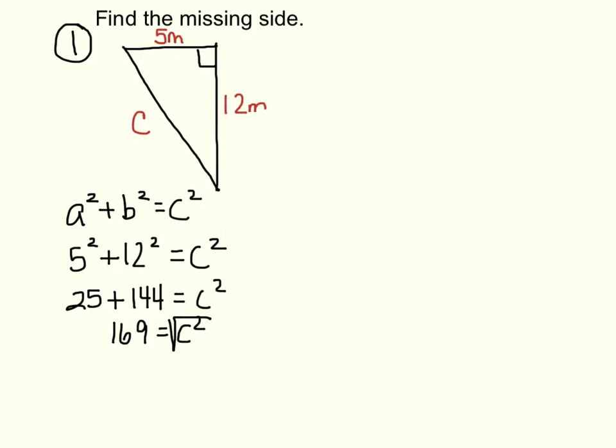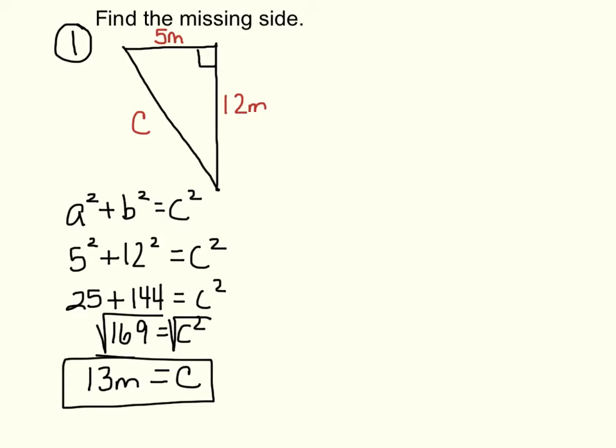The inverse operation of squared is the square root. So that gives you C equals the square root of 169, which is 13 meters. So the missing side is 13 meters. Now make sure that if you found C, which is the hypotenuse, this number should be the biggest. And it is.